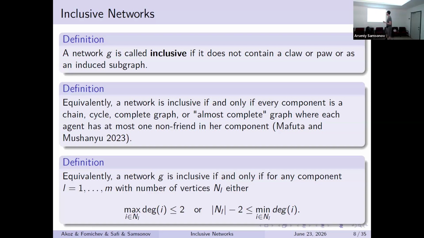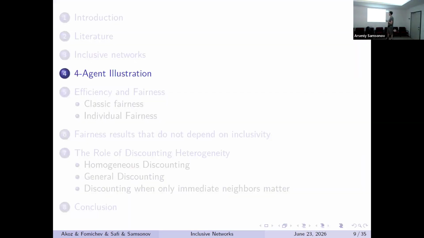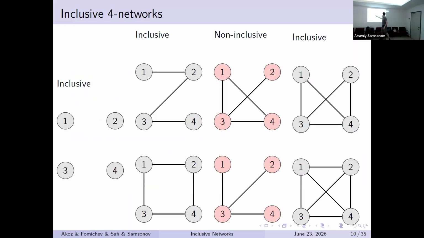The equivalent definition says that a network is inclusive if and only if every connected component is a chain, a cycle, a complete graph, or an almost complete graph. Let me show you on the same slide. You can think of this as complete minus matching. What is matching?